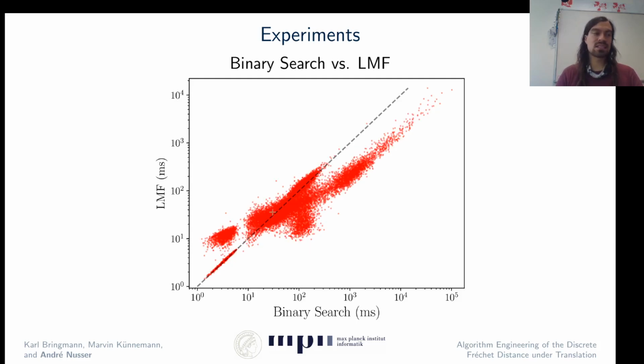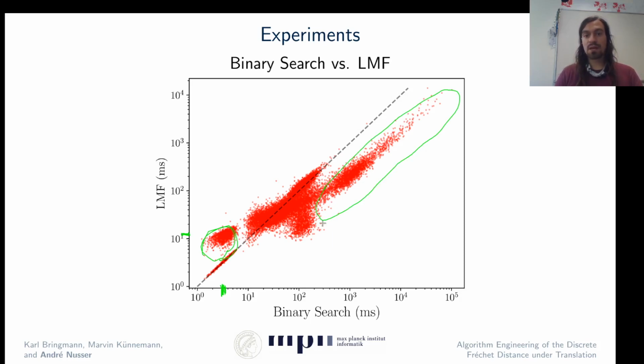And let's look at the last experiment. Here we compare how the binary search performs versus Lipschitz meets Fréchet, and especially here we map the times onto each other. So the interesting thing to see here is that for small times of binary search and a bit larger times for LMF, we actually get quite some instances where binary search is faster than Lipschitz meets Fréchet. But for the hard instances, which you can see here, the diagonal is the identity.